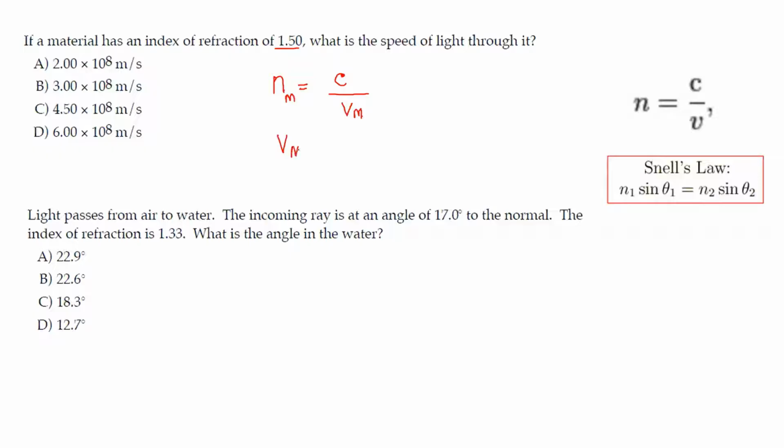We need the value of Vm, the speed of light in that material. It is C divided by Nm. C is 3 × 10^8. Nm is 1.5. So 3 divided by 1.5 is 2 × 10^8 meters per second. It's a speed.